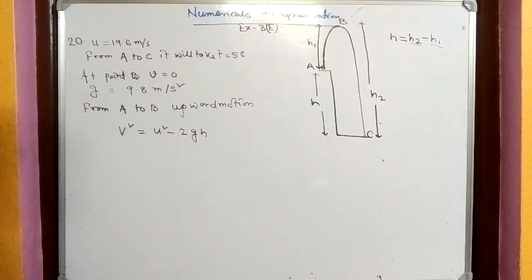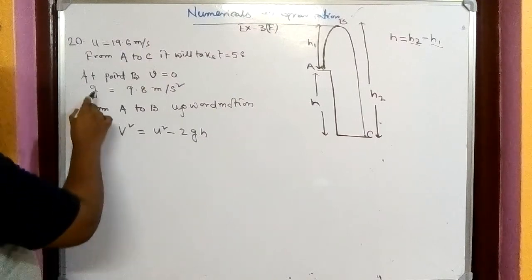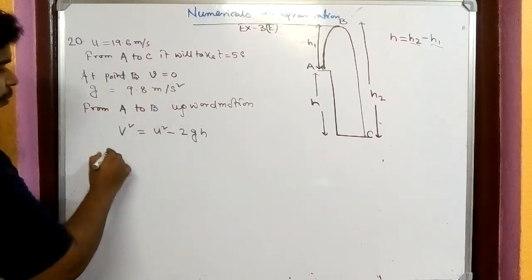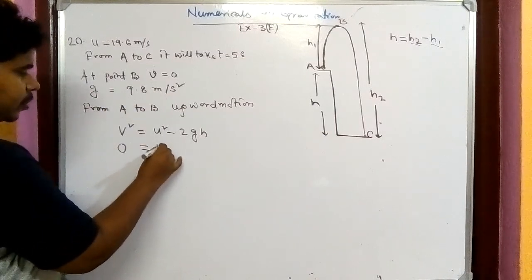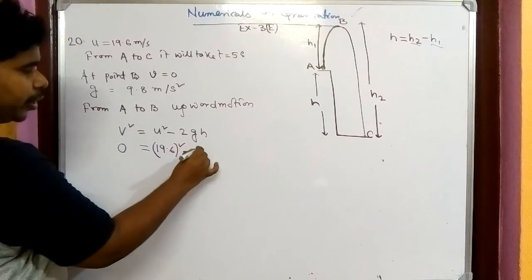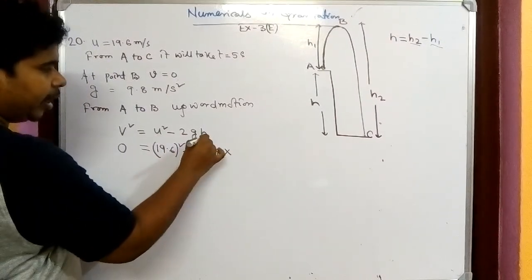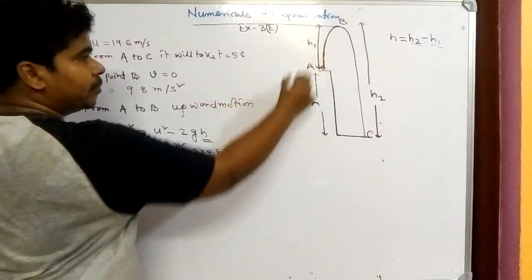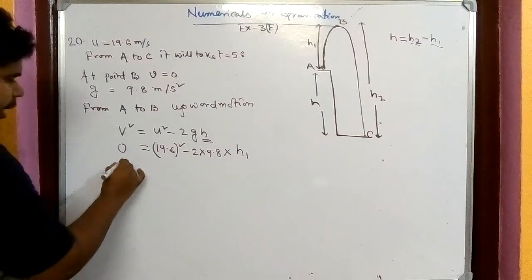This minus sign we have to use. Now at B, we have already taken v as 0. So 0 equals u square, 19.6 whole square, minus 2 into 9.8 into h, meaning the height from A to B, h1. Let's take it to this side.